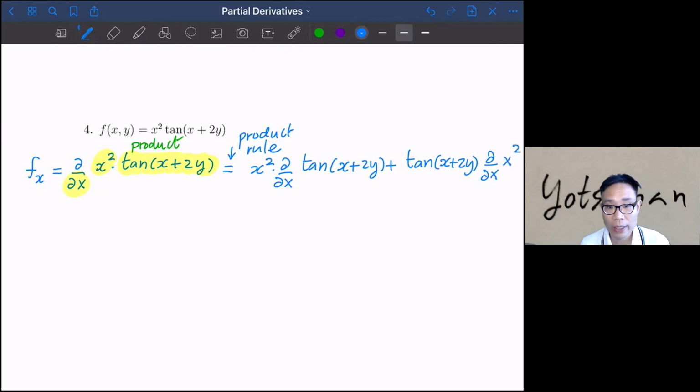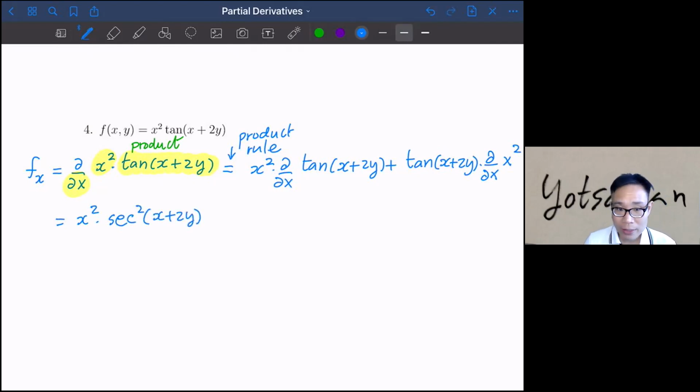That is going to be the term in terms of x. So you would just have x squared, and you differentiate tan of x plus 2y, so it's going to be secant squared of x plus 2y.